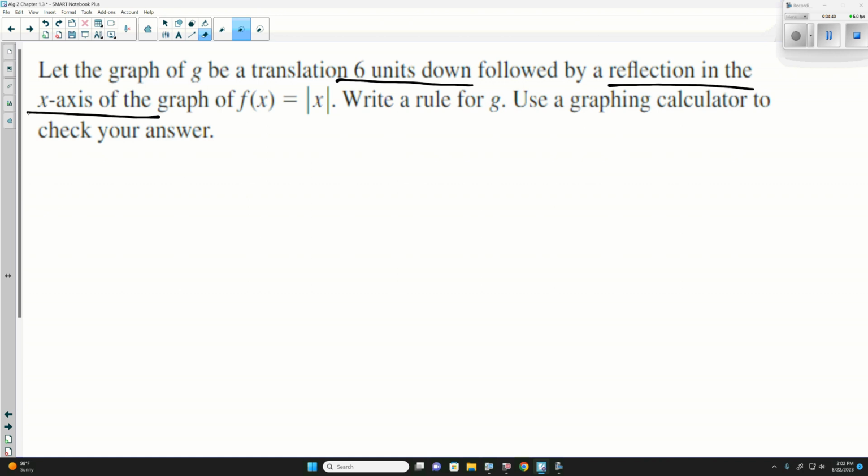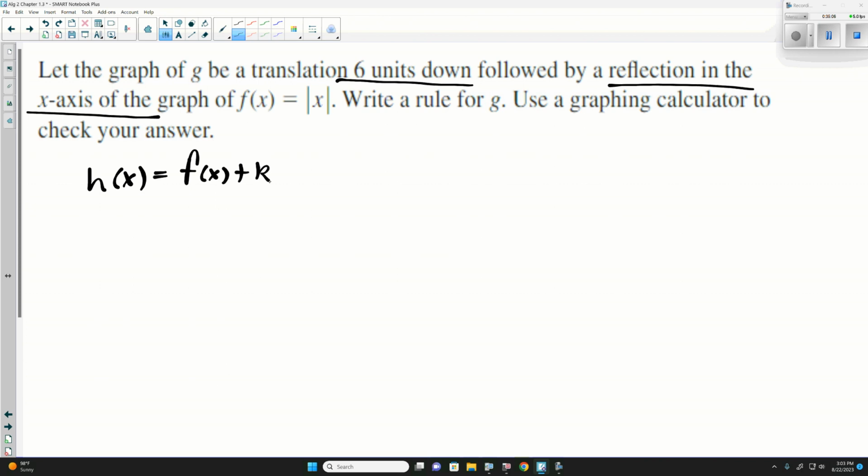So here, the first thing we want to do is our translation of 6 units down. So we'll call this first one h of x, which is our f of x plus k.